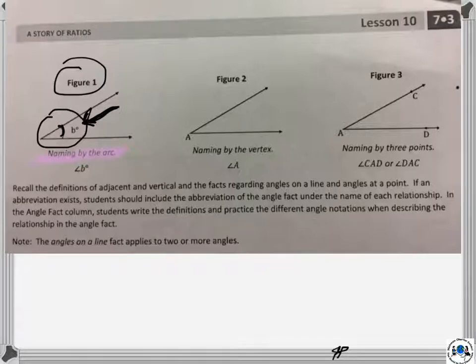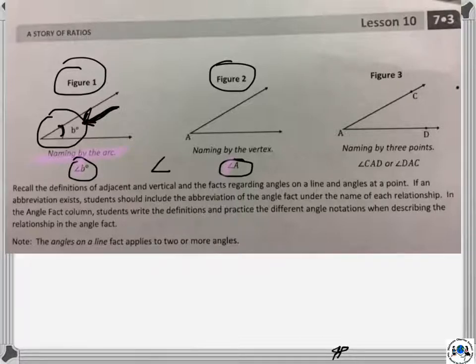Now with Figure 2, it's notated by the vertex, and you can see that right here: this little symbol before the A. It means angle.